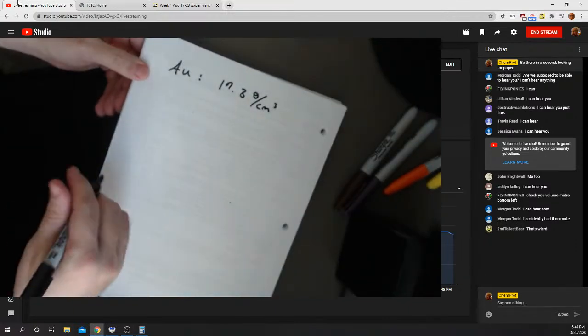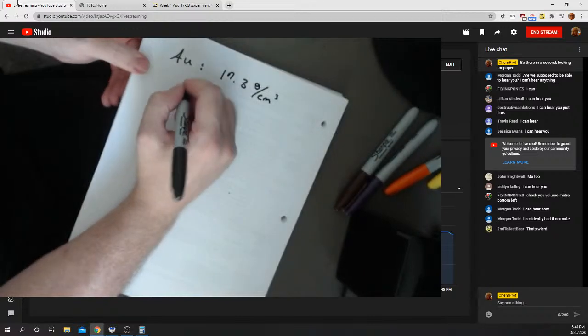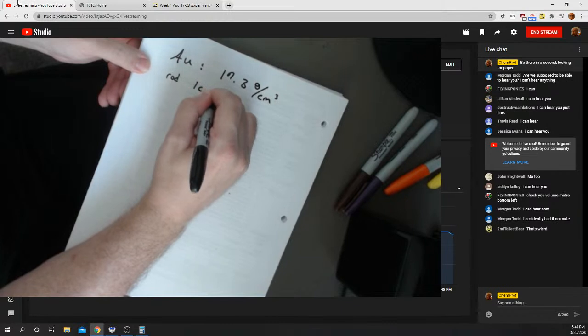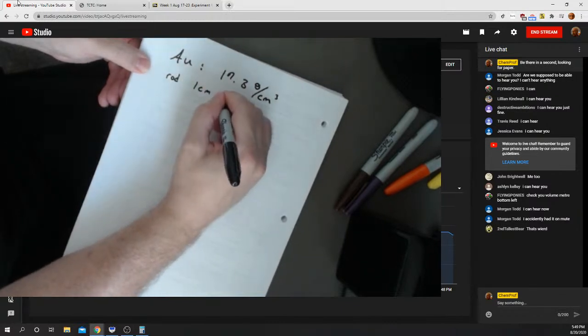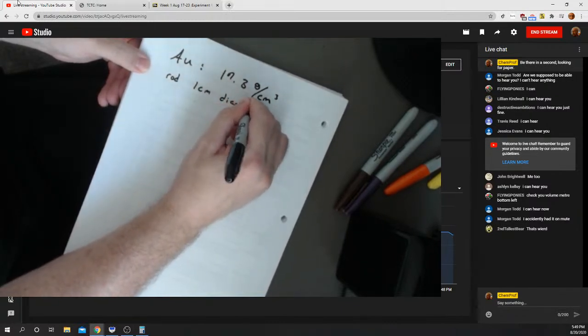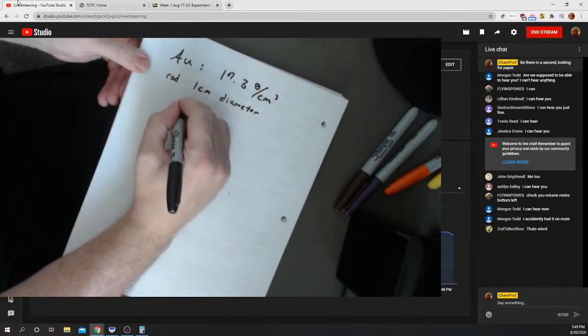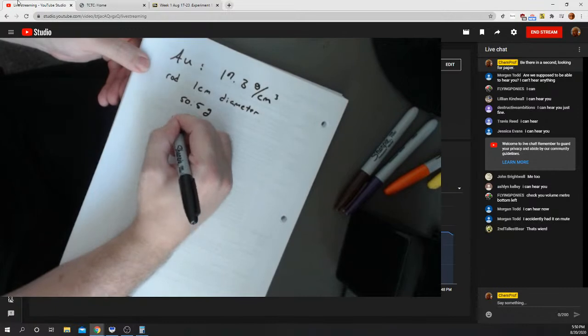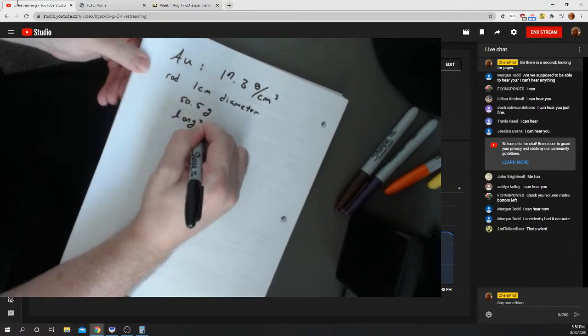Okay. If you have a rod that is 1 centimeter in diameter that weighs 50.5 grams, how long is it?